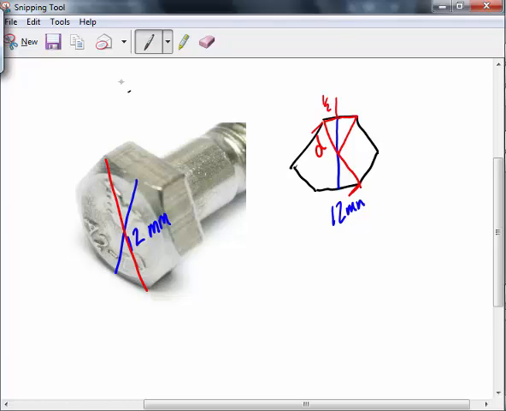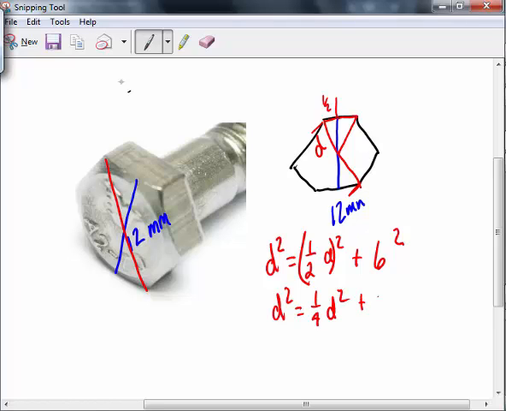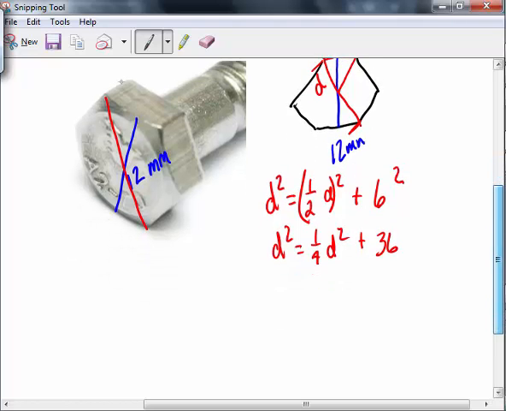So we have D squared, that's the hypotenuse, is half of D squared plus half of 12, which is 6 squared. Or D squared is 1/4 D squared plus 36, or 3/4 D squared is 36.